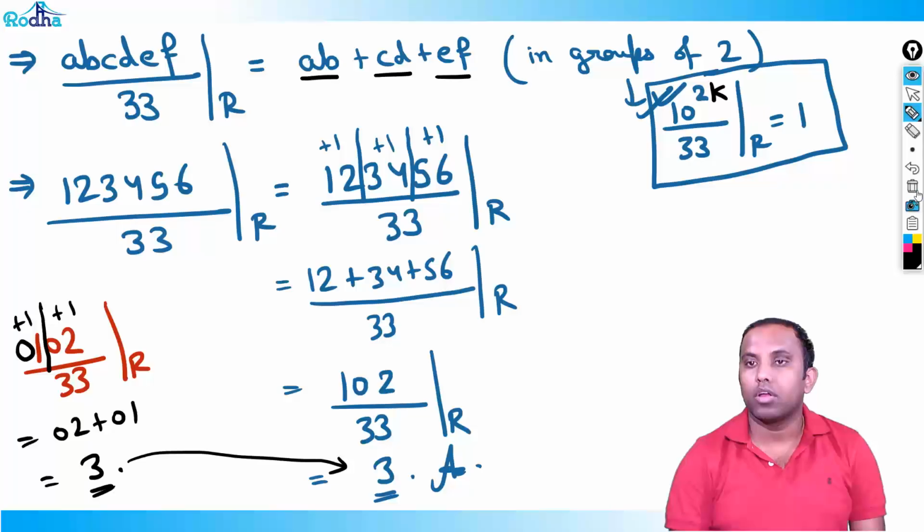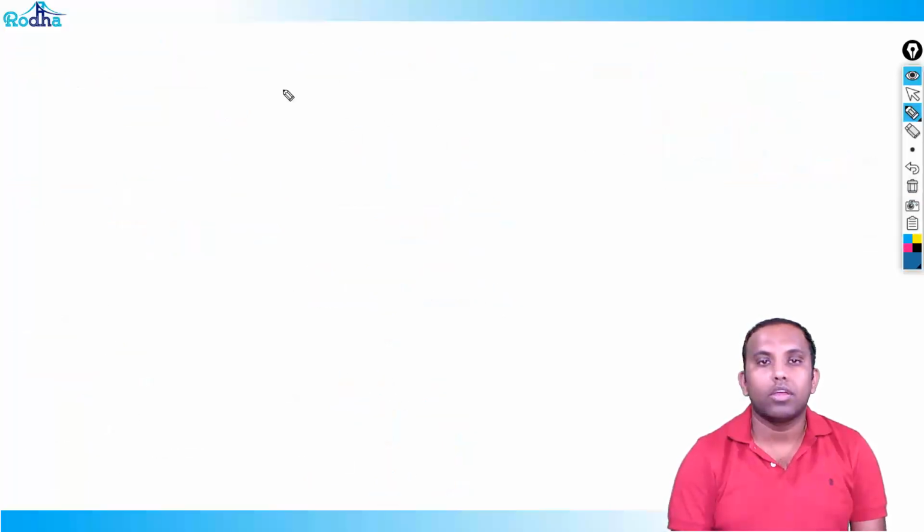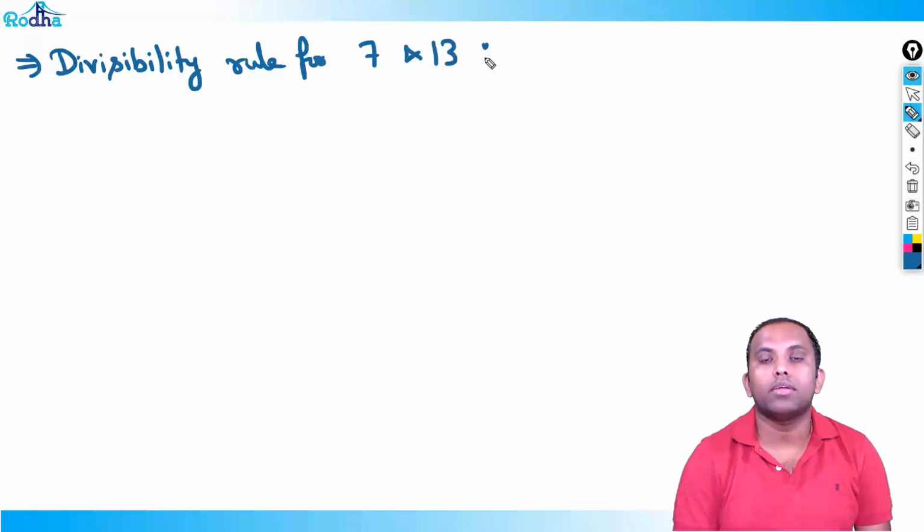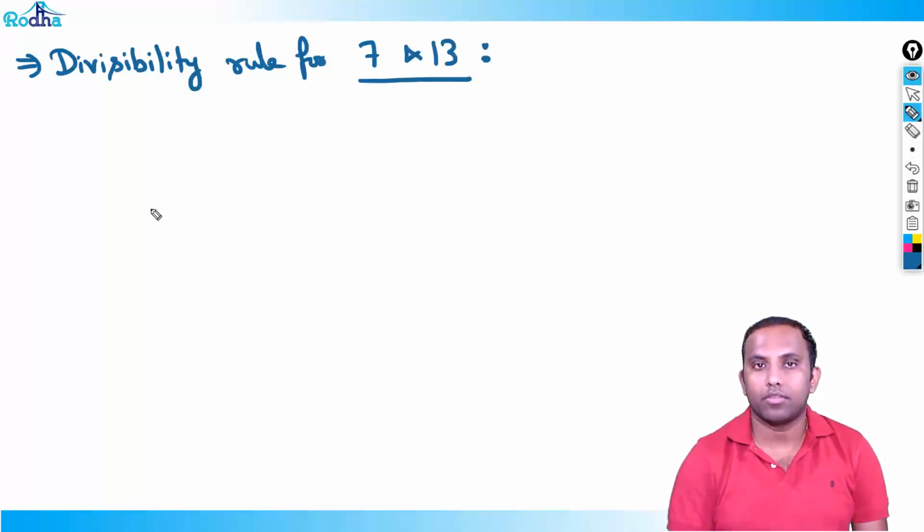Okay, now let's discuss some more numbers here. Now we'll discuss the divisibility rule for 7 and 13. Actually both are similar numbers, so 7 and 13 we can write.